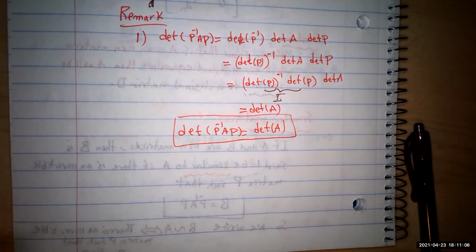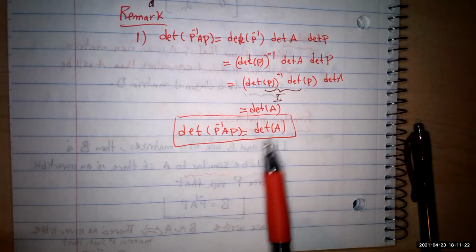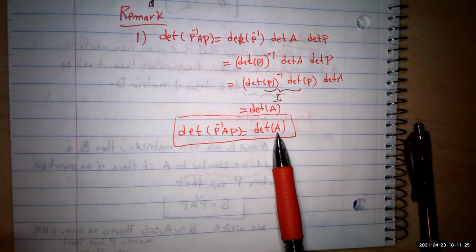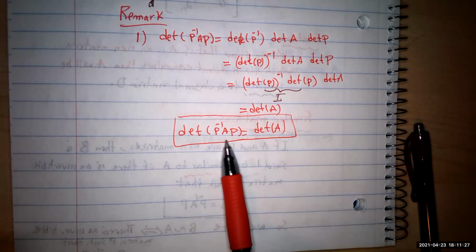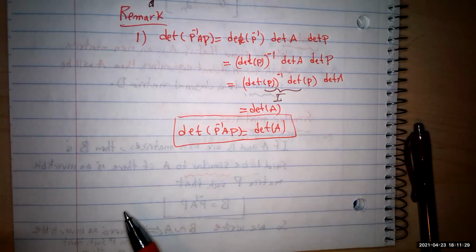So this is one. You may wonder why I proved this one. I proved this one because we are interested in eigenvalues. A is one matrix, P inverse AP is the other matrix, and these determinants are the same.